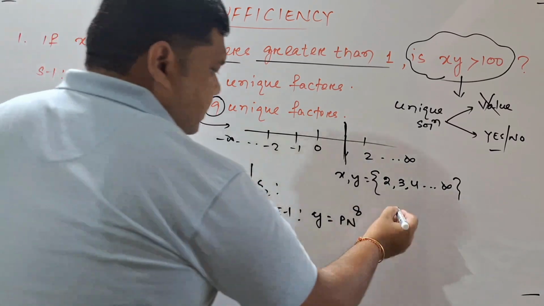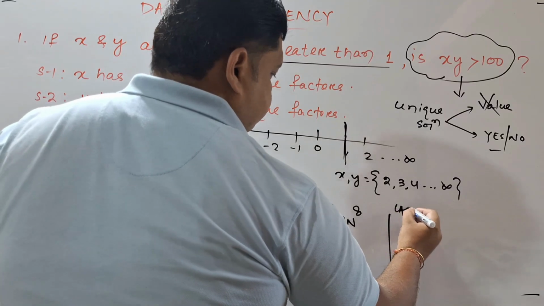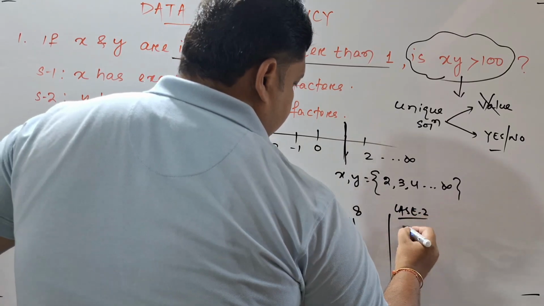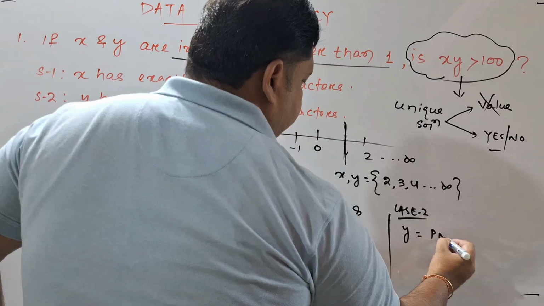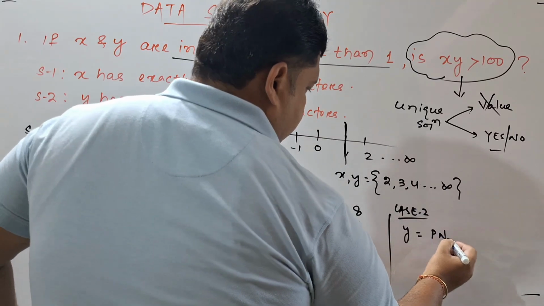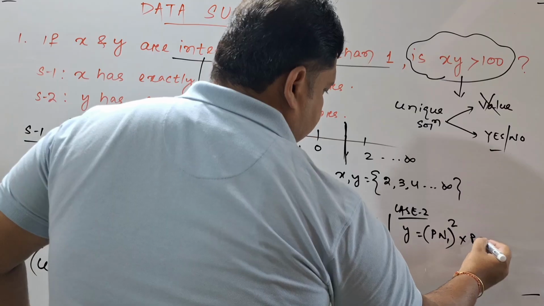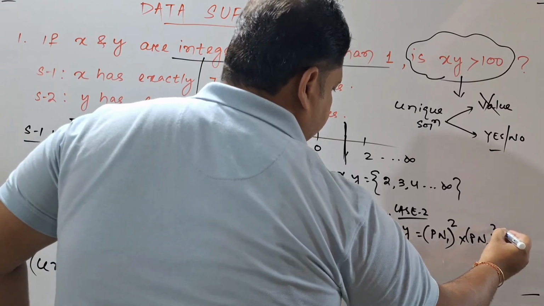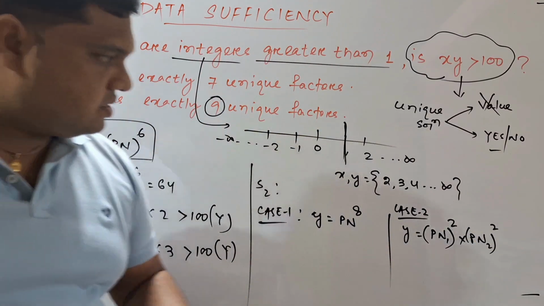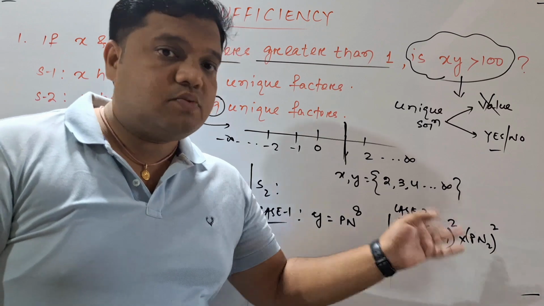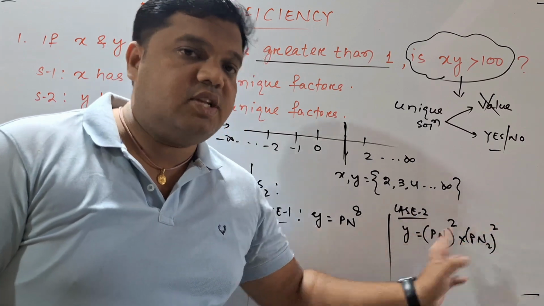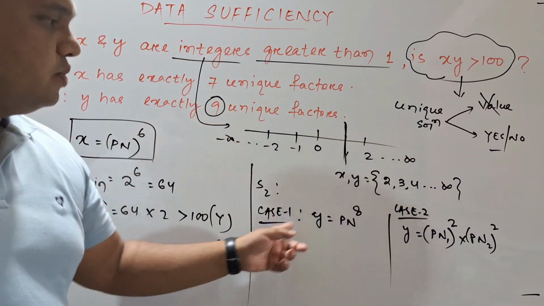Another case: y is equal to prime number 1 to the power 2 into prime number 2 to the power 2. Because how to find the number of factors? Power plus 1: 2 plus 1 is 3, here 2 plus 1 is 3, 3 into 3 is 9. So here you have two cases.